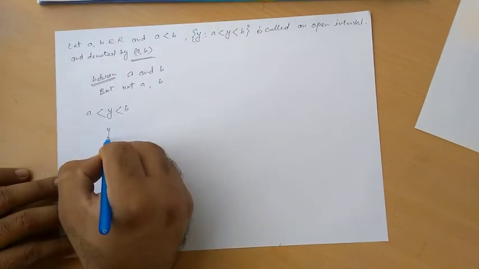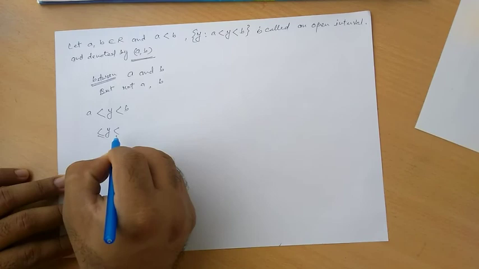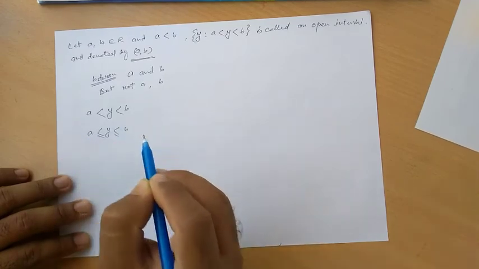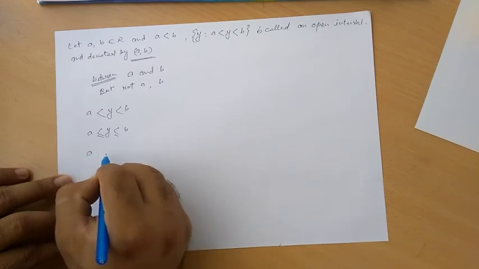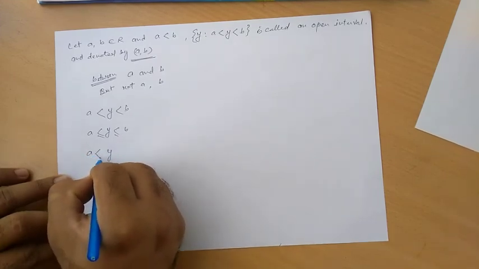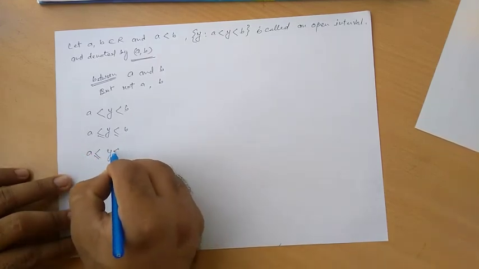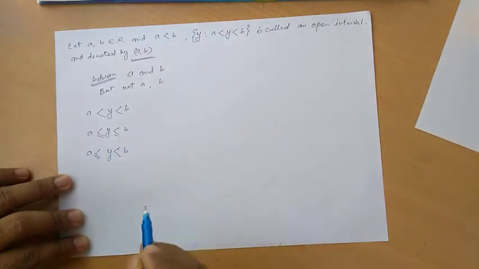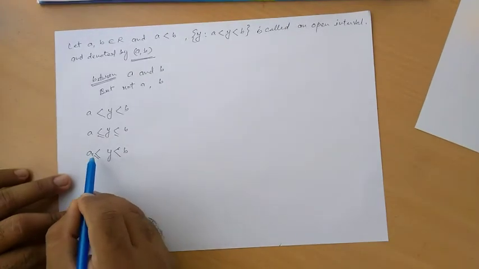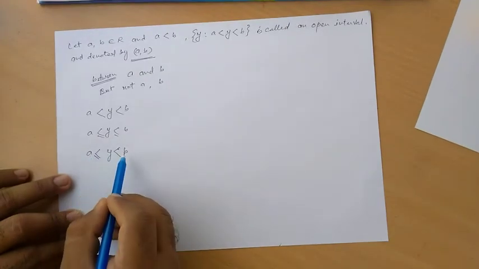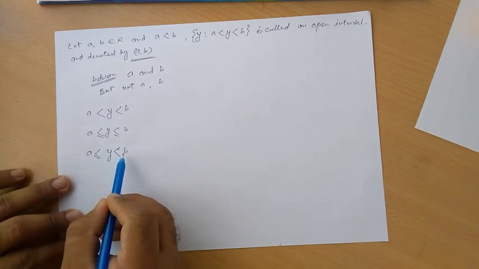Y can be represented as a and b, where a and b are included. Y is represented between a and b, such that y can carry the value a as one of its values, and it cannot carry the value b.